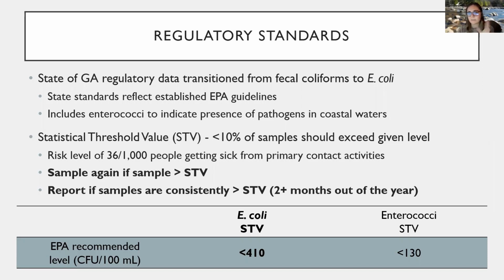So that's something you can keep in mind, a reference for what these levels actually mean and what threats they may pose to you and your ecosystem. But this is the long game we're thinking about, in terms of this regulatory level. If you get above 410, maybe sample again, but we're really looking at whether it's consistently above.